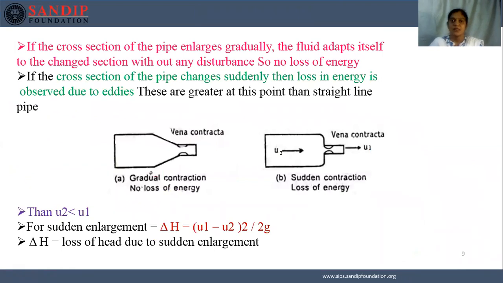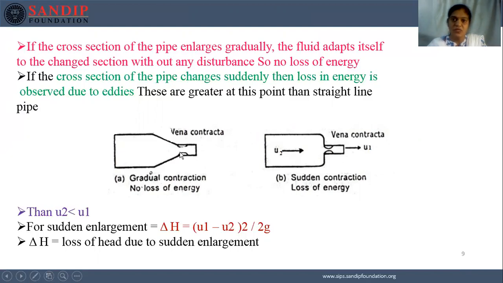Now in this we will discuss gradual enlargement as well as sudden enlargement. Okay, now if the cross section of the pipe enlarges suddenly, or gradually, first we will see the gradual case. When the cross section of the pipe enlarges gradually, the fluid adapts itself to the changed section without any disturbances.